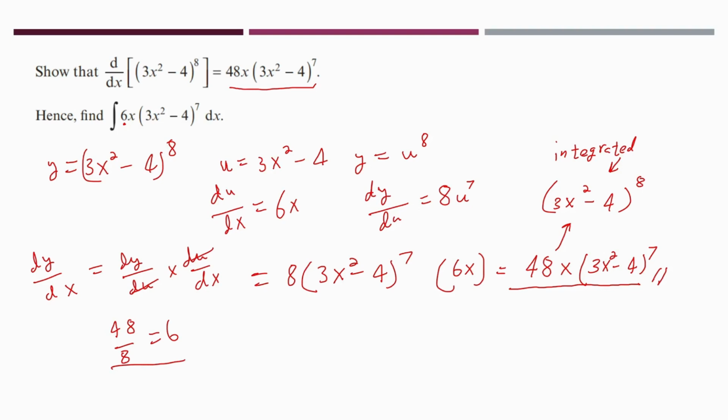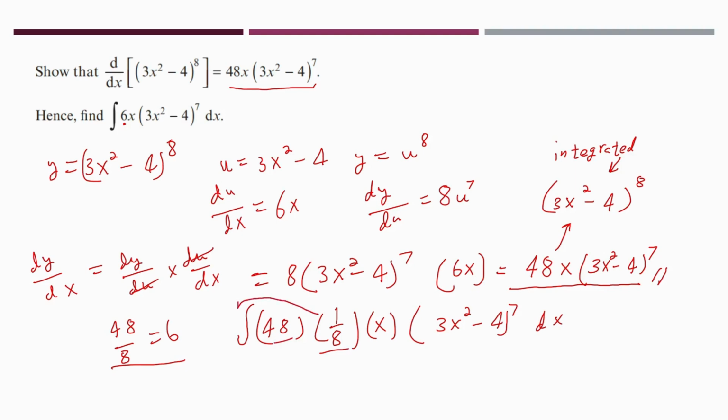Alright, so what you can do is basically 48 into 1 over 8, x into (3x square minus 4) raised to the power of 7 dx. This is what you are supposed to find, right? But you can see that there are two constants over here. So we can just take one of the constants outside for our own simplicity.